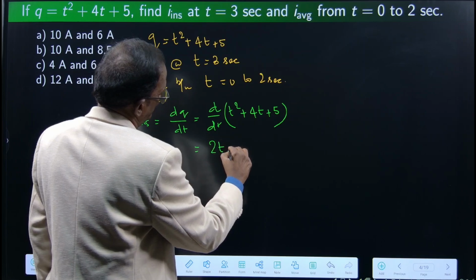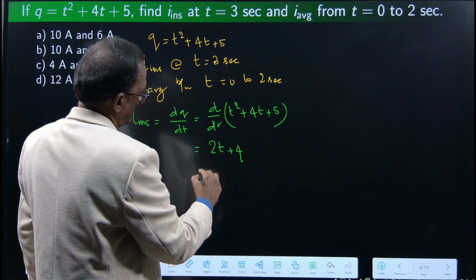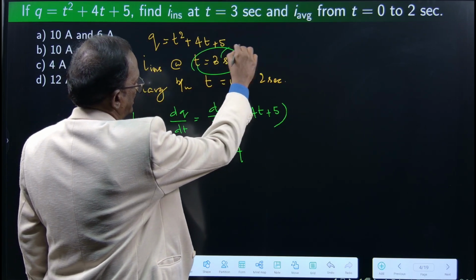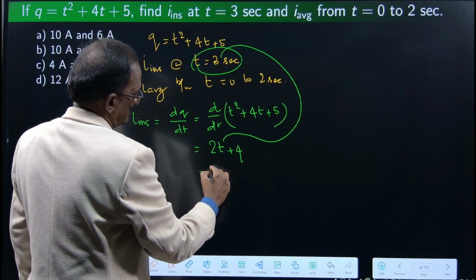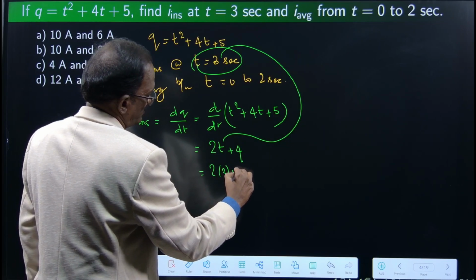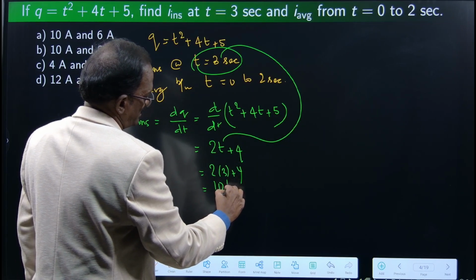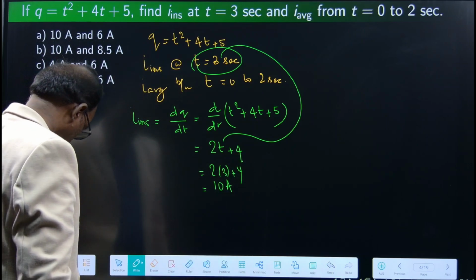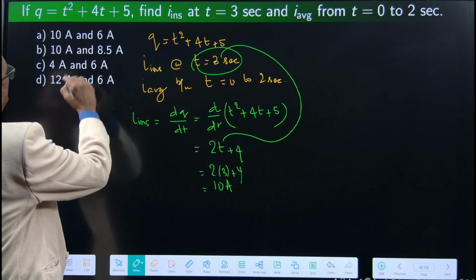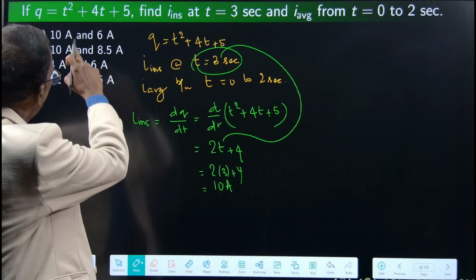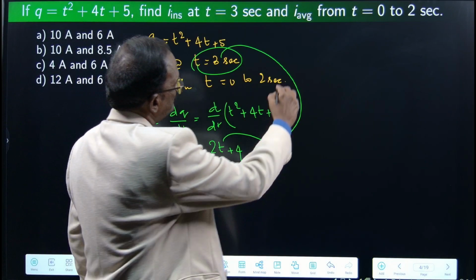Differentiating, 2t plus 4, plus 0. Put t is equal to 3 seconds here. 2 into 3 plus 4, so 10 amperes. Instantaneous value is 10 amperes. Let us find the average value.